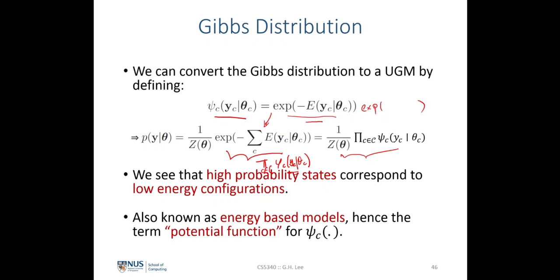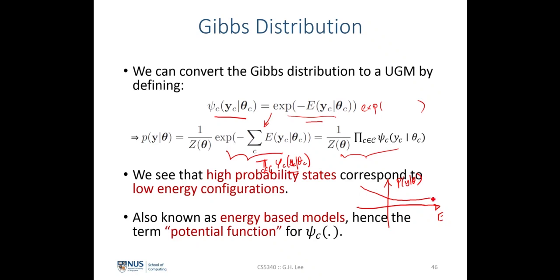We'll also see that high probability states correspond to low energy configurations. Since this is a negative exponential function, this distribution, the joint distribution of P of y, is given by a negative exponential function, where this term is actually the energy function inside this exponential term.